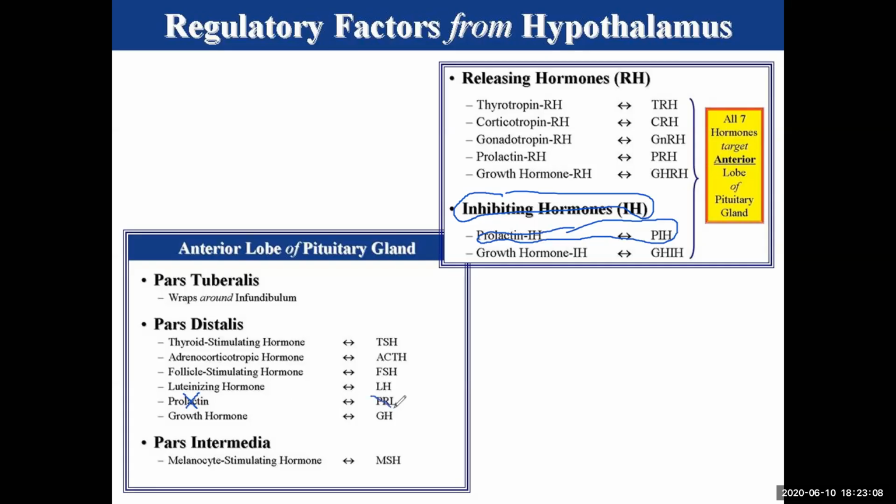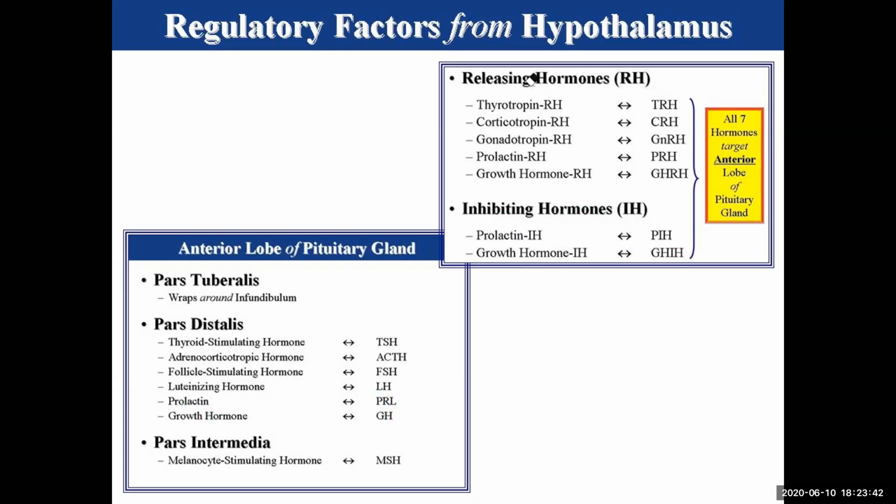So the production of prolactin would be inhibited. If the hypothalamus sends down the growth hormone inhibiting hormone, then the anterior lobe will shut down the production and release of growth hormone. That's why it's called inhibiting hormone.